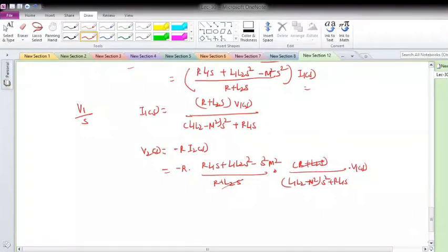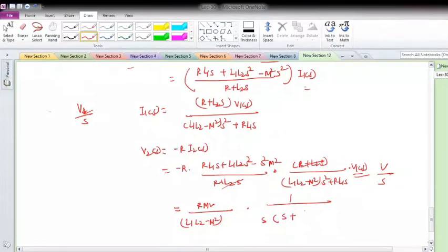Okay, and if you simplify it, V2 of s will come as R M V over L1 L2 minus M square into 1 over s into s plus R L1 over L1 L2 minus M square, where V1 of s is V by s, V volts.